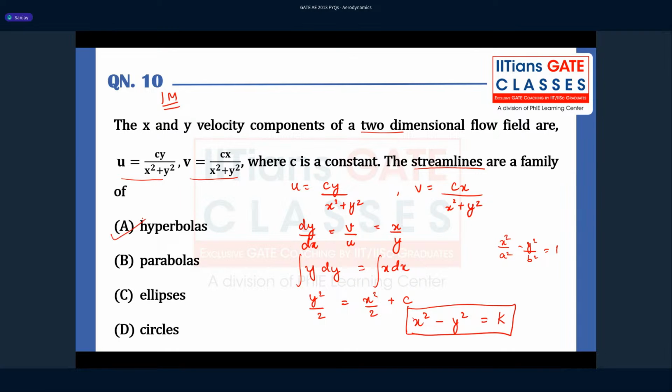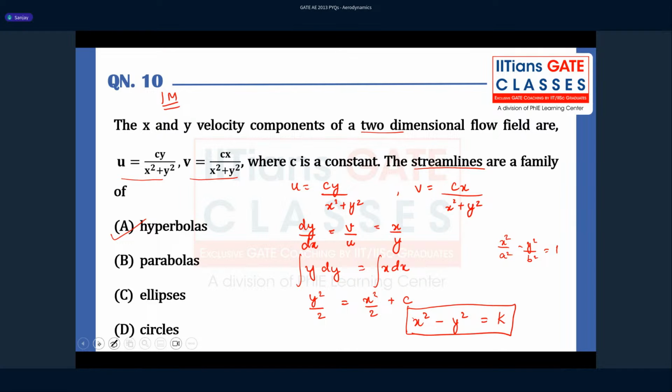So the streamlines are nothing but hyperbolas. Whenever there is a question on streamlines, just see the velocity components and use the equation of a streamline to find out what sort of curve the streamline represents. Okay. I hope this question is clear to you all. It was very easy. Is it clear to everyone?